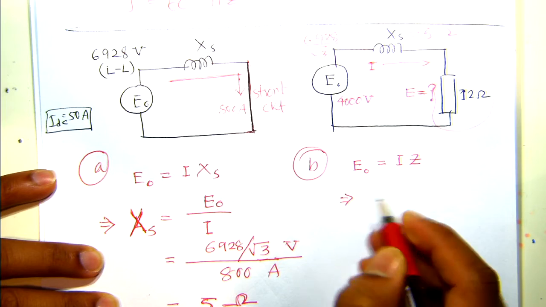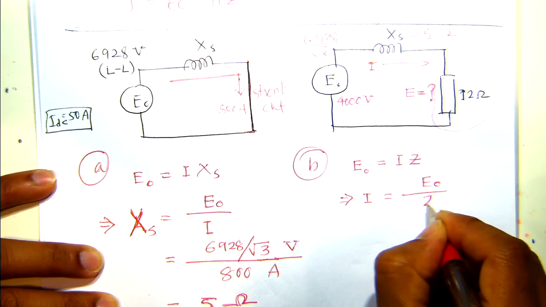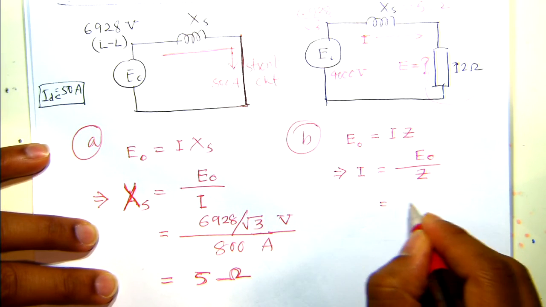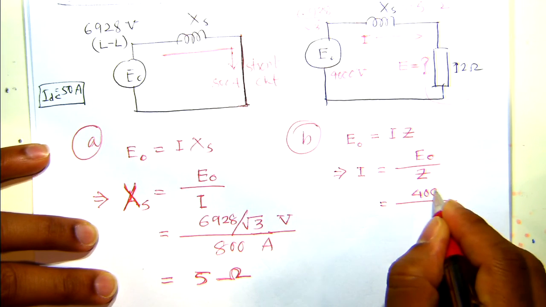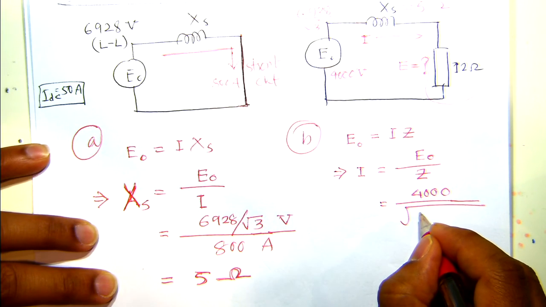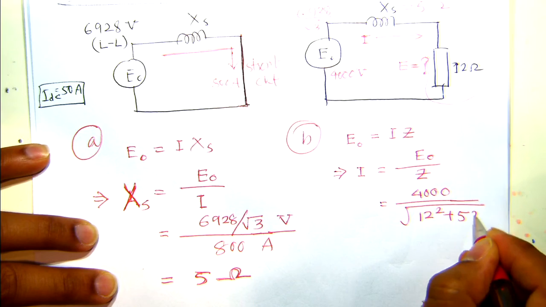We will have our I, that is E naught over Z, that is 4000 over Z, where Z is root over R square plus X square, 12 square plus 5 square.